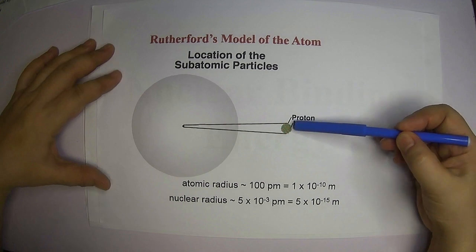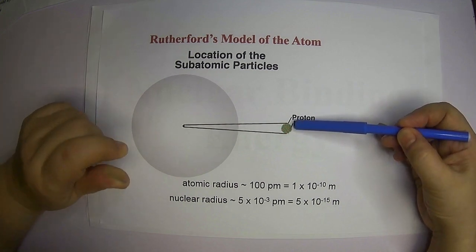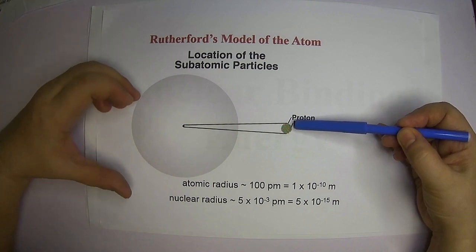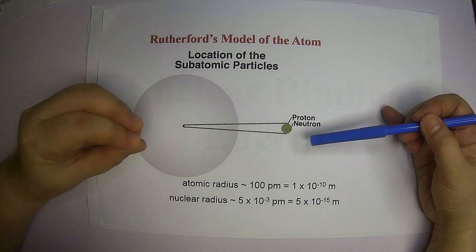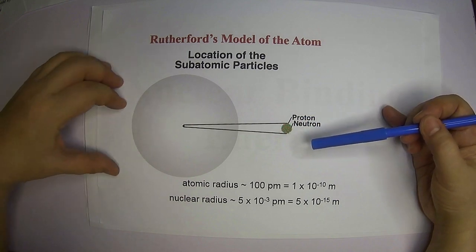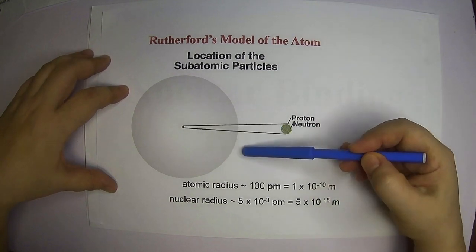He concluded that there must be a positively charged particle within an atom, which is mostly empty space, and it is where most of the mass of the atom is concentrated. He named it the nucleus, being the center of an atom.